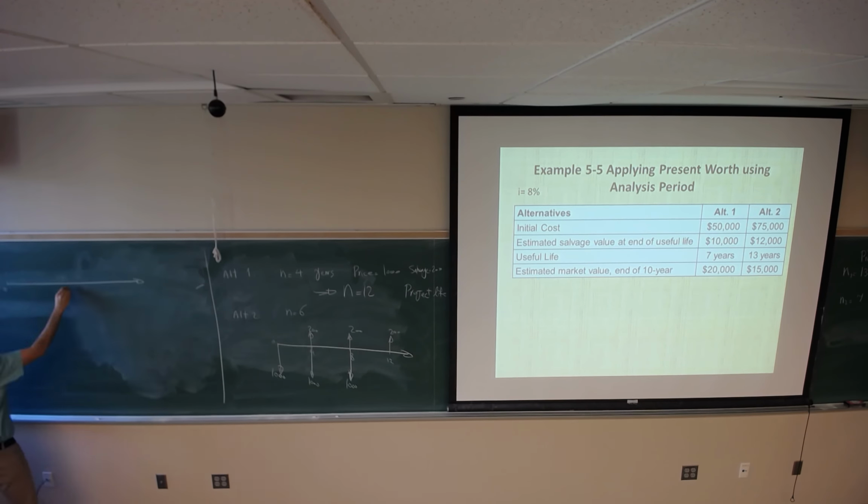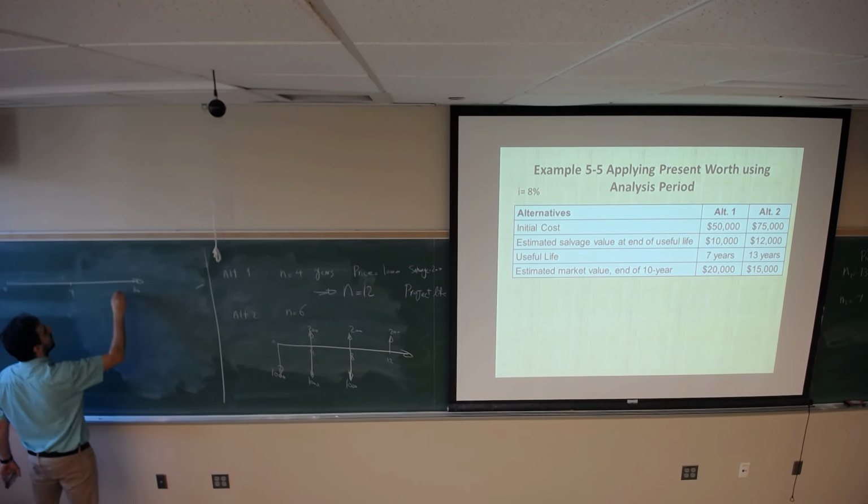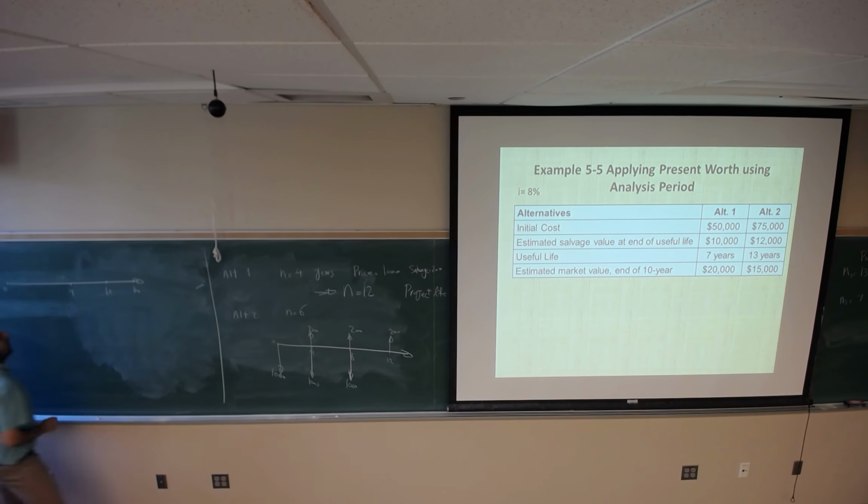At zero, alternative 1 is 7 years. 7, 14, 10. If you purchase this at the price of 50,000, after 7 years you can get $10,000 as a salvage value, but you should replace that with another $50,000 because the project life is 10 years.